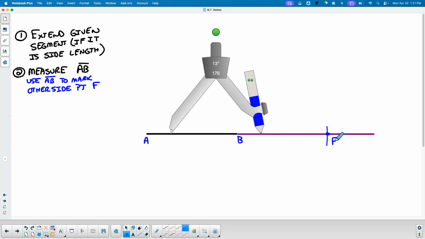What have I just created by doing that? What have we just created?